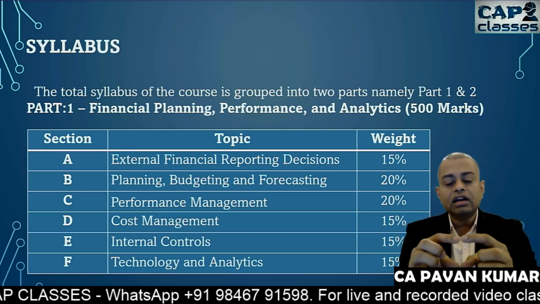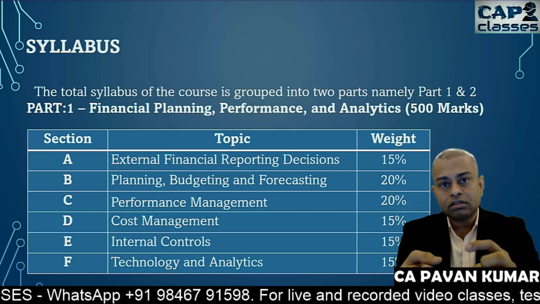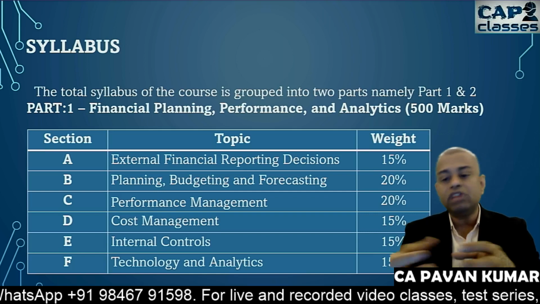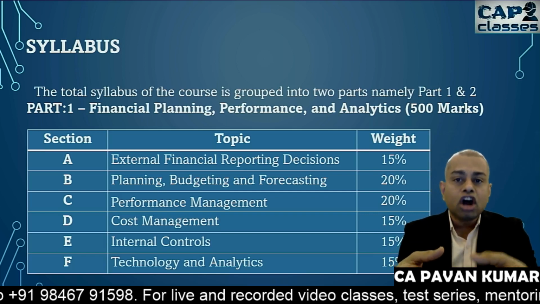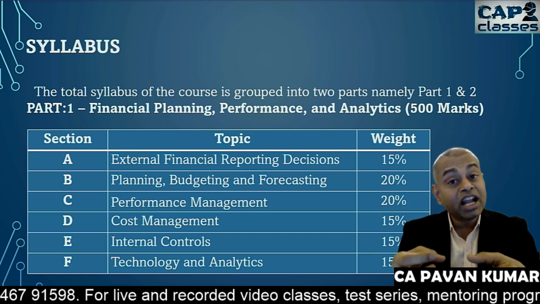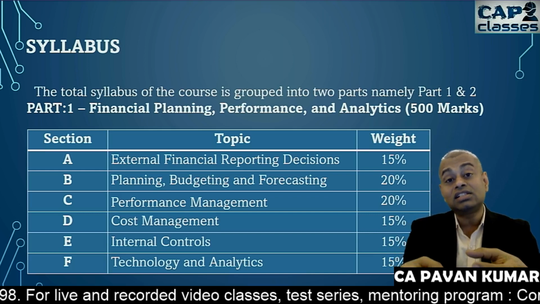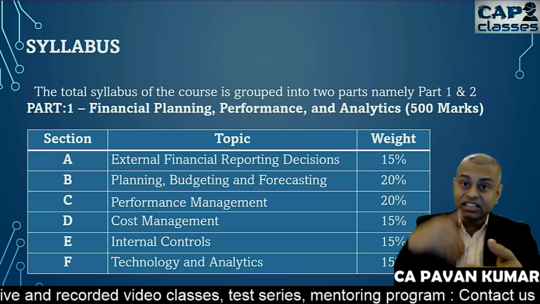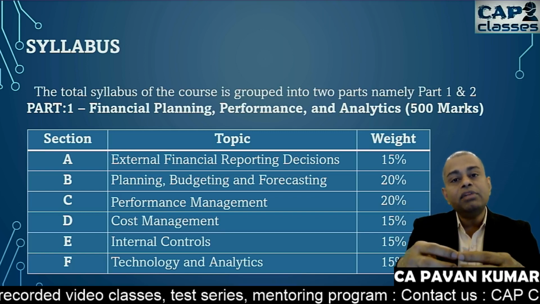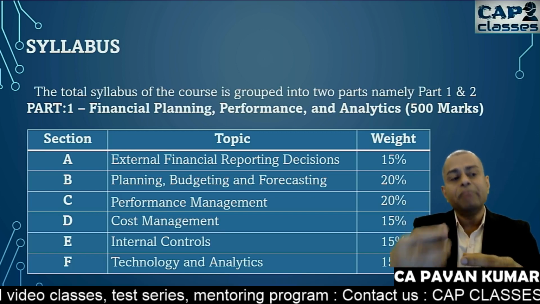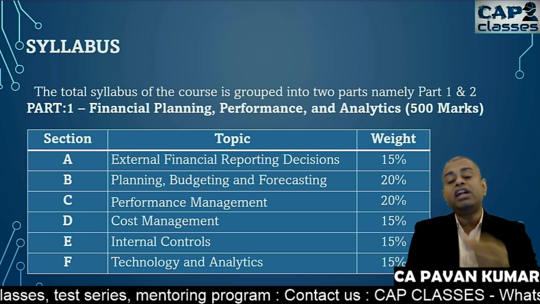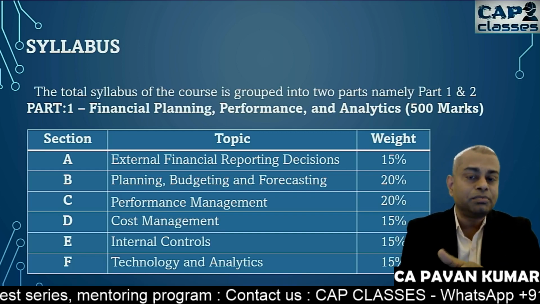But the dimension is different. Okay, what is the difference between cost accountant and management accountant? Cost accountant determines the cost. Management accountant himself makes decisions and he enables top level people or any manager to make an informed decision by generating MIS, management information system.